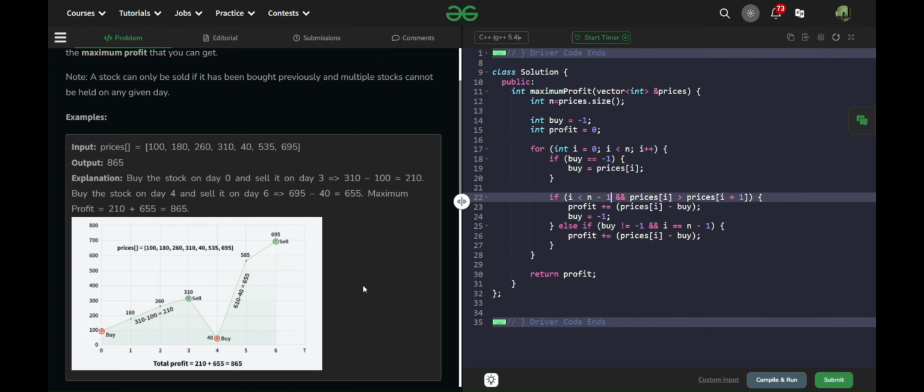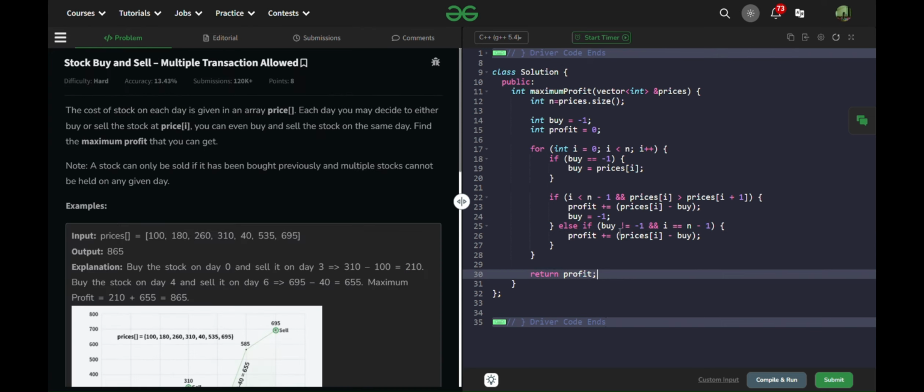If there is no next element, we have to sell the product at the price of that day, the last index, minus the buy price. So we are checking if i equals n minus 1, that is the last element, and the buy price is not equal to -1, that is we have a product. We do not set buy equals -1 because after that there will be no iteration, so we return the profit.